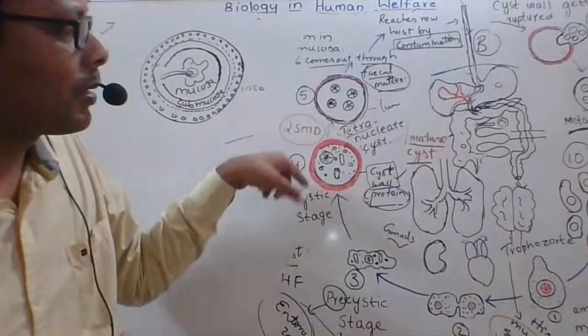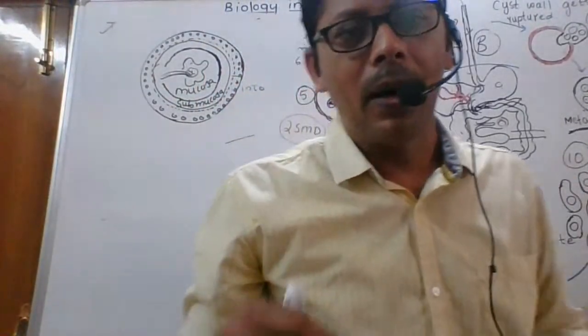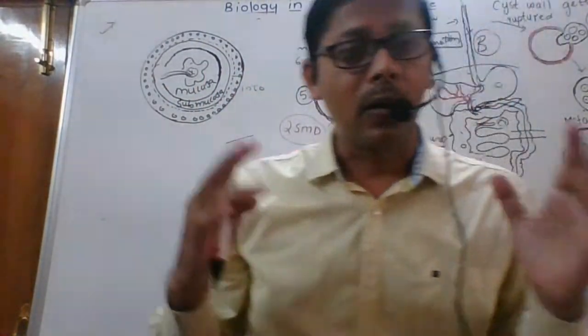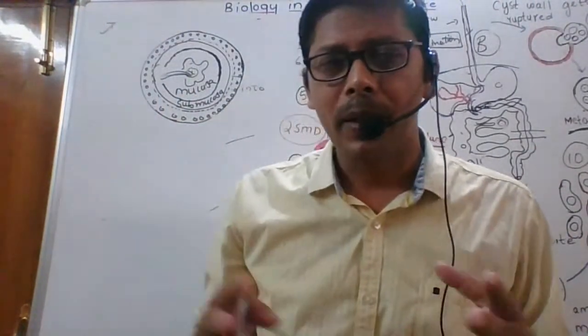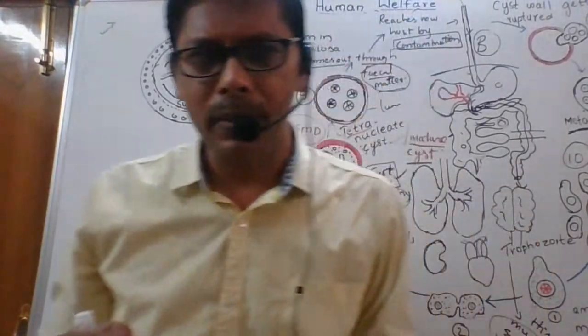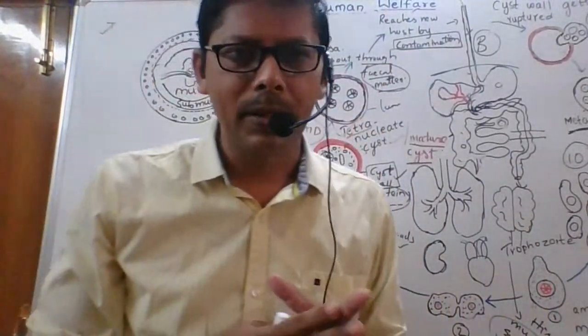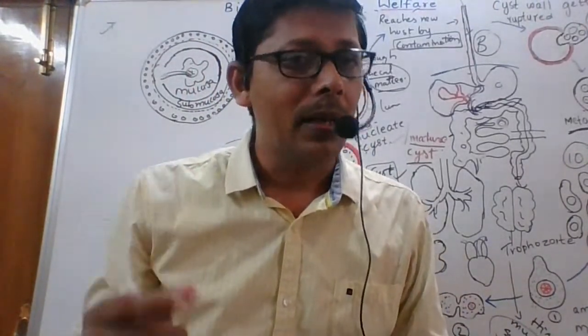This disease we call amoebic dysentery, or primary amoebiasis, or tropical amoebiasis. These are the different names given to amoebiasis: primary amoebiasis, amoebic dysentery, tropical amoebiasis, or intestinal amoebiasis.